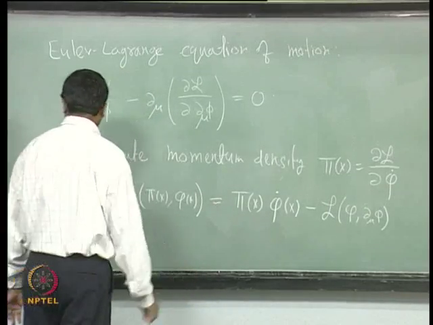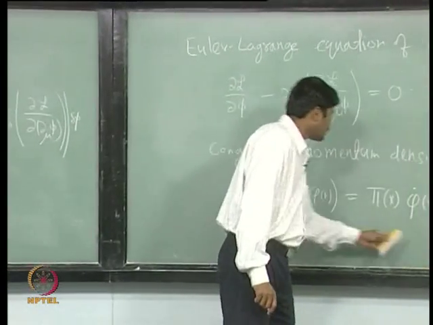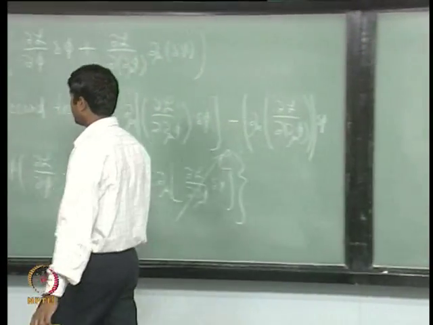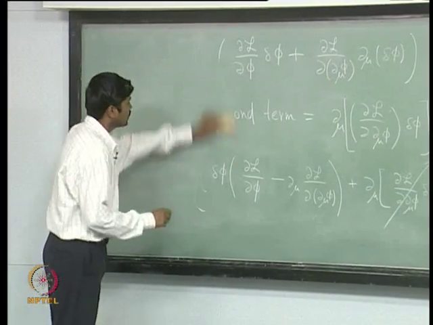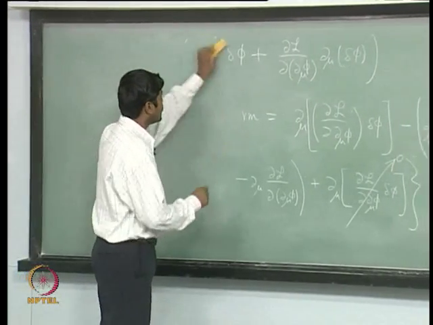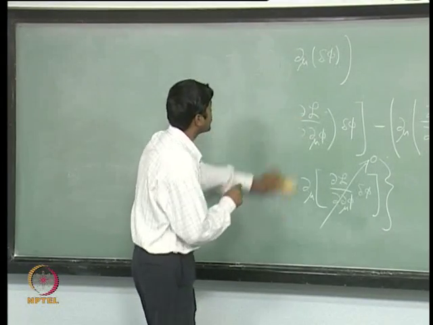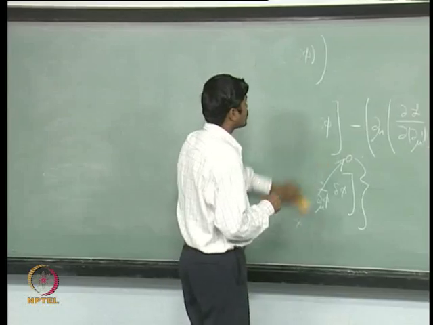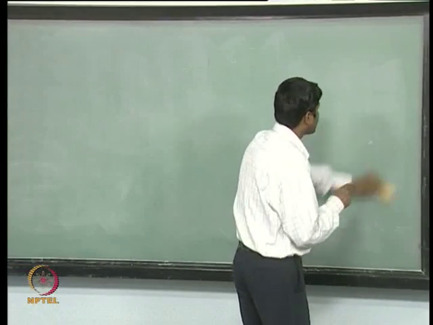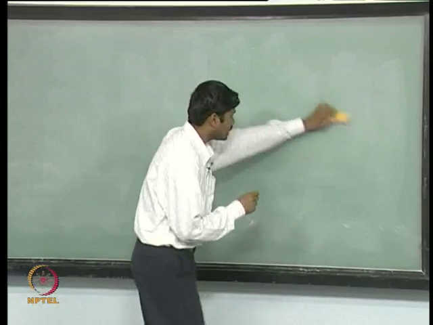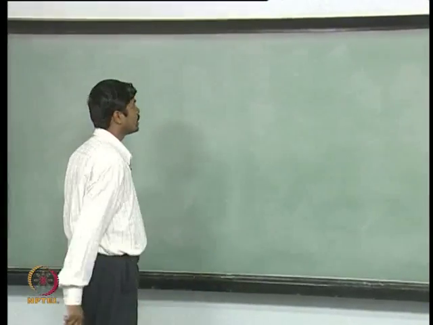Now, what we will do is discuss the Noether theorem in somewhat detail. So, Noether theorem states that for every continuous symmetry, there is a corresponding conserved quantity. We will explain when we call a quantity conserved as we go on.